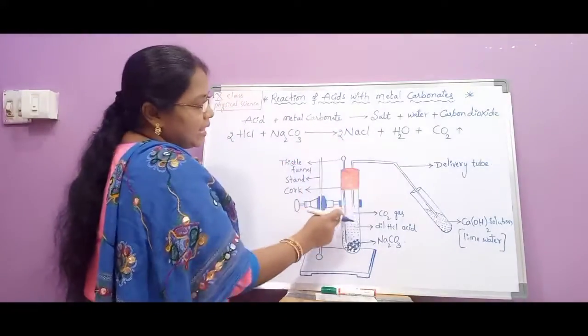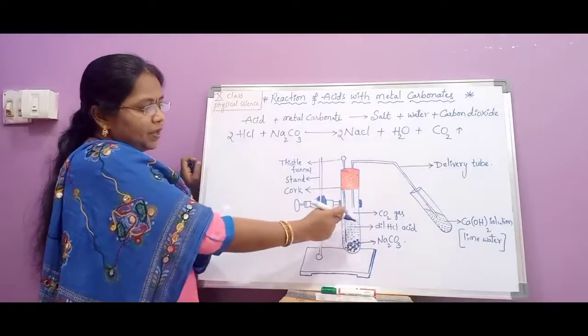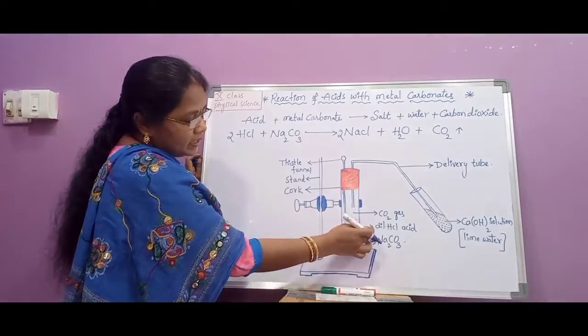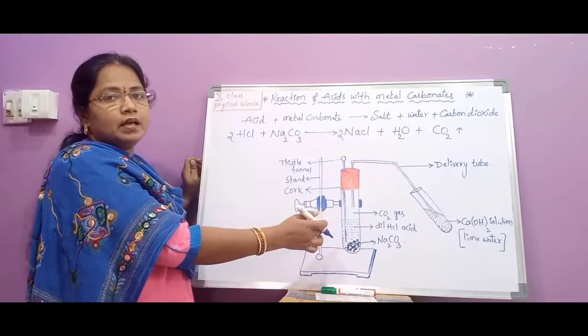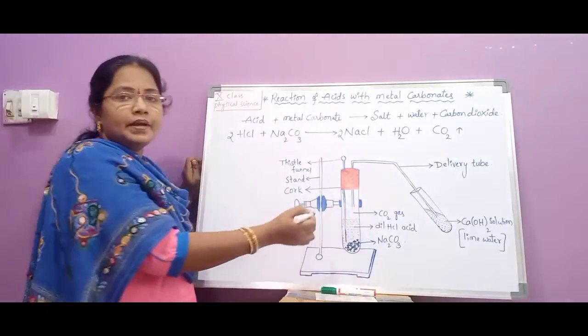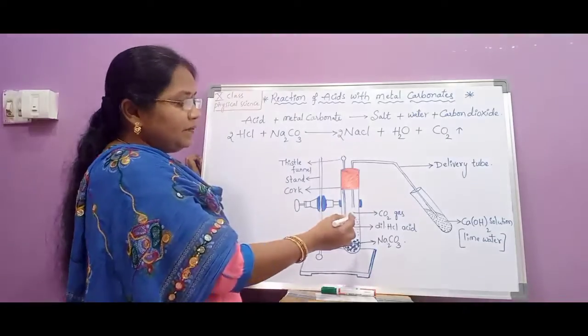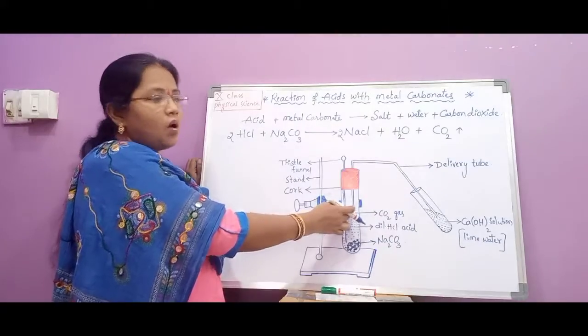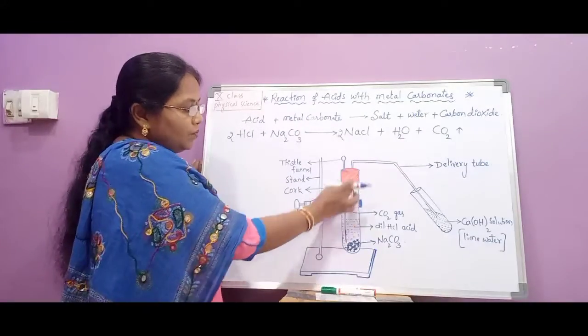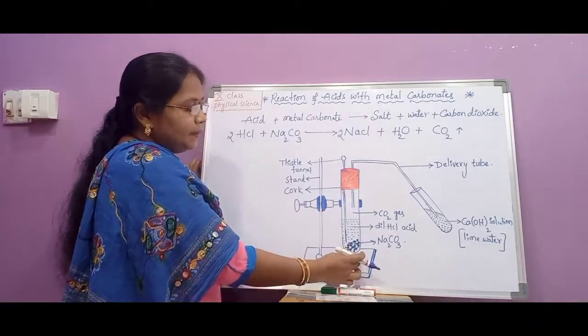So the gas that is produced in the test tube after the reaction between sodium carbonate and HCl is carbon dioxide. Carbon dioxide is a colorless gas, so we cannot see it, but we can prove that carbon dioxide gas is formed inside the test tube. How can we prove it?